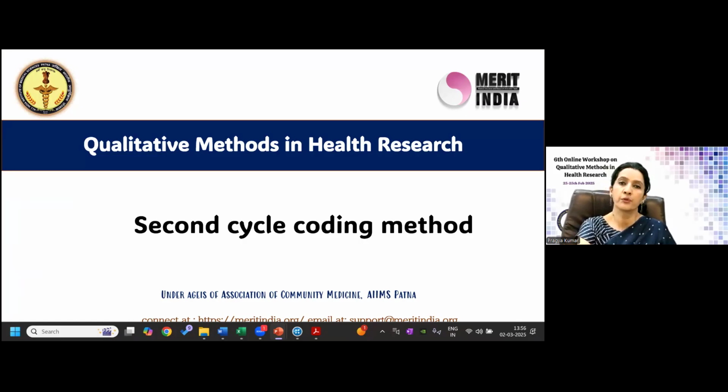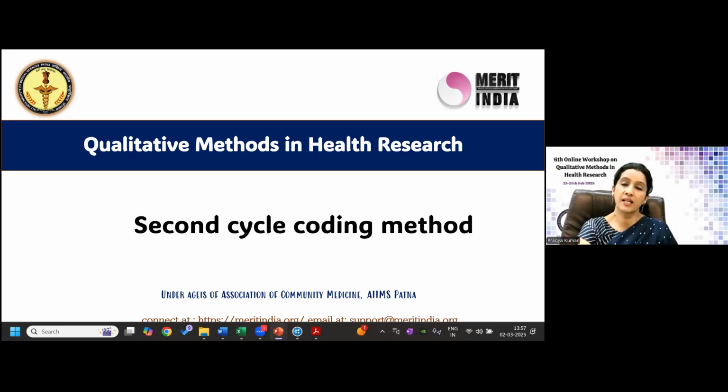But if your research method involves understanding the deep meaning of the participants, let's say you are going for a grounded theory approach, or a phenomenology where the analysis is interpretive phenomenology, so any research method where you want an interpretive design, not the descriptive one, there's a need to go to the second cycle coding methods.